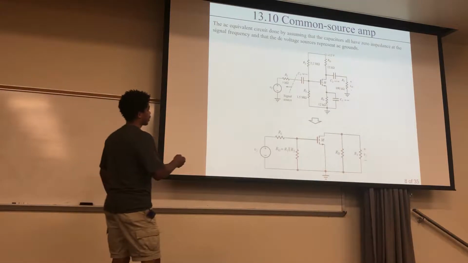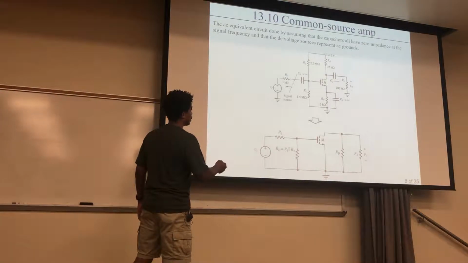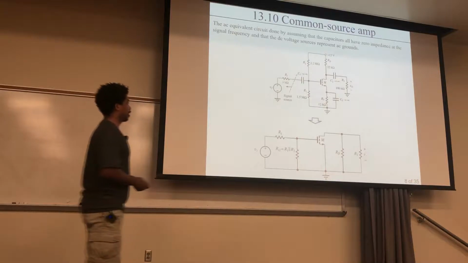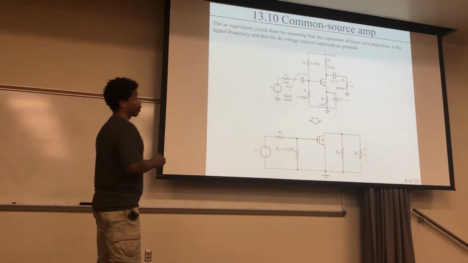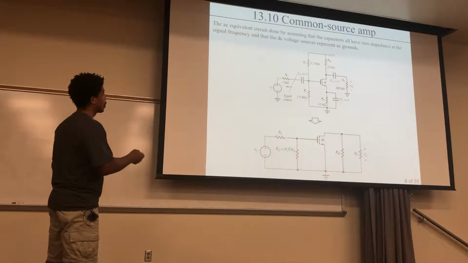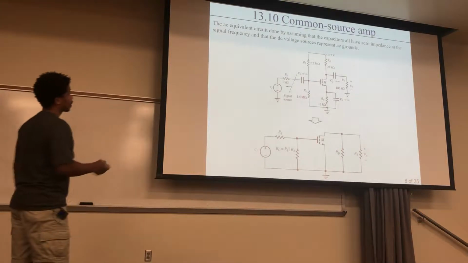That's why this right here becomes shorted, and this also becomes shorted to here. This is bypassed for the current, so you don't see this RS here any longer. Also, the DC voltages become grounded. That's why these two are now in parallel, because they're both going to ground from this node. Okay, so that's the first step.